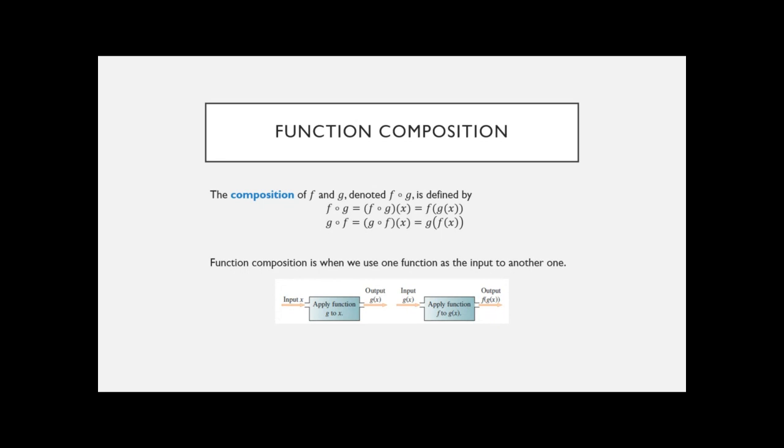You're taking the output of one and plugging it into the other, and then getting a new output. So that's what function composition is. Of the notation, you're going to see the notation on the left with the circle, but I always write it as the notation on the right, where it's a function inside a function, because that helps see what you're doing.